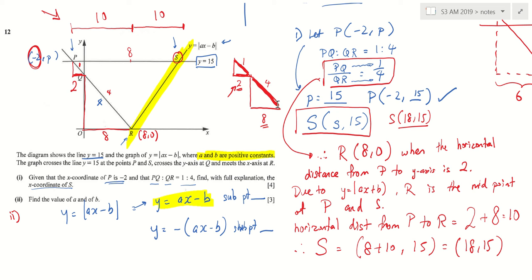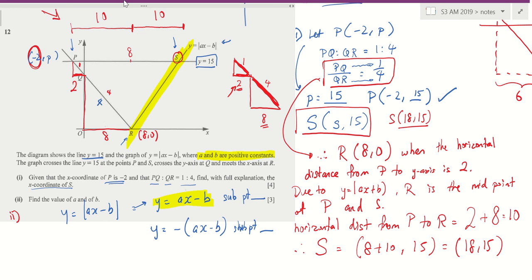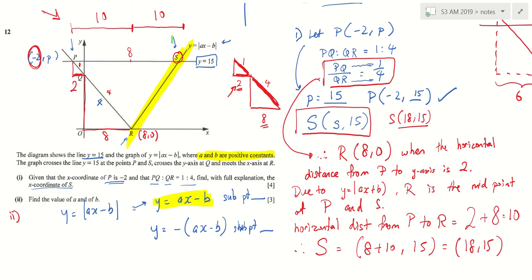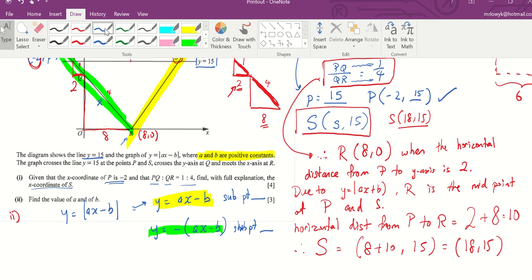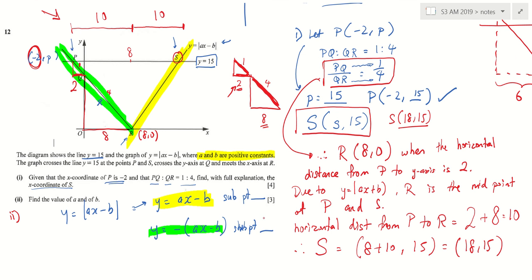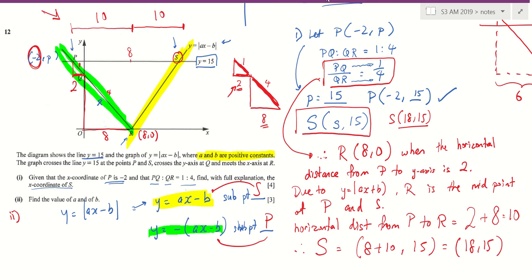If they never say, then the question has an error. Now, the next one. Then therefore this one will be equal to this one. Therefore, what does it mean? If I want to sub in P, I must only sub into here, the green one. If I sub in S, I can only sub into the yellow one. You try and sub in P into the yellow one, it's not on the line, you get a humongous answer. You understand? I pause the video here.